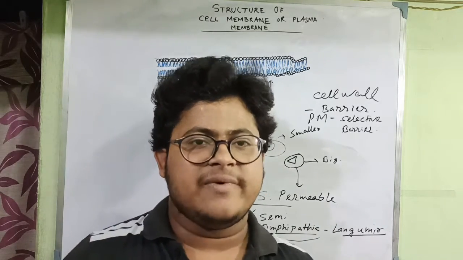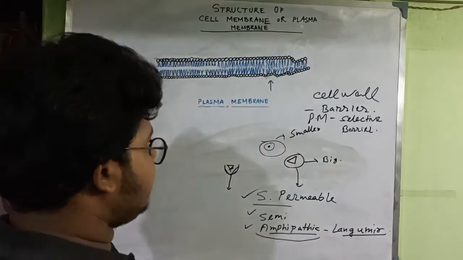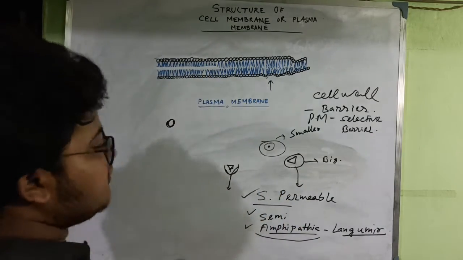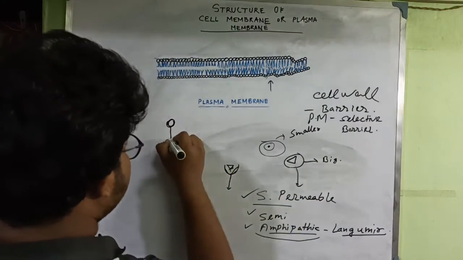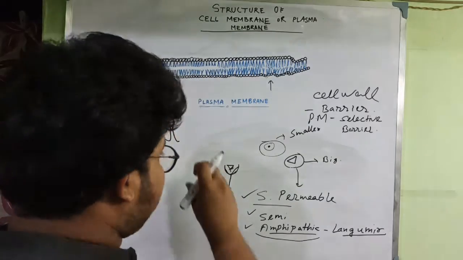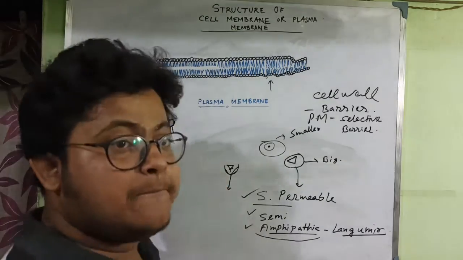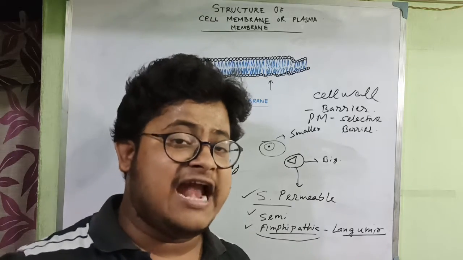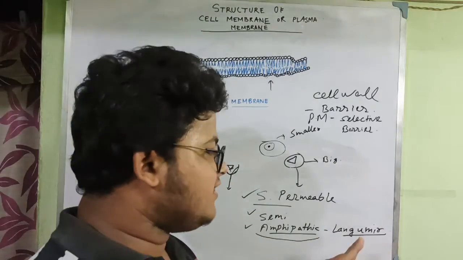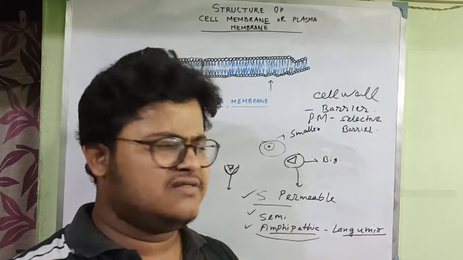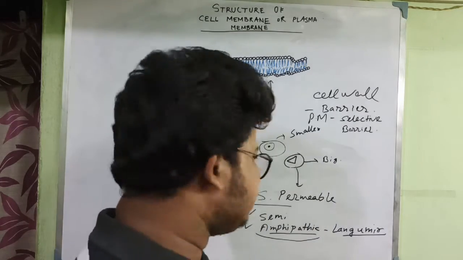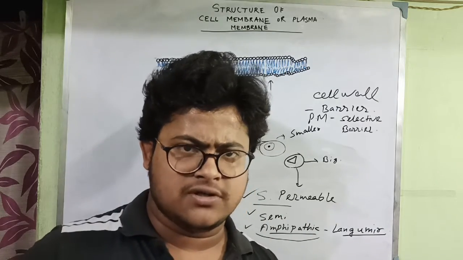Langmuir started an experiment and concluded that this is one unit, a monounit of a plasma membrane. The structure of the plasma membrane is actually composed of phospholipids and proteins.